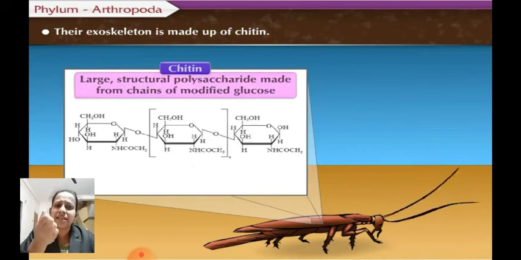And you might have seen that if this cockroach dies, the wing of it is very crispy in nature. Why is that? It's because it is made up of a chemical called chitin. Chitin is one of the sugars, you don't need to know more about it. So this exoskeleton is made up of chitin, that is why that crispy nature is there.